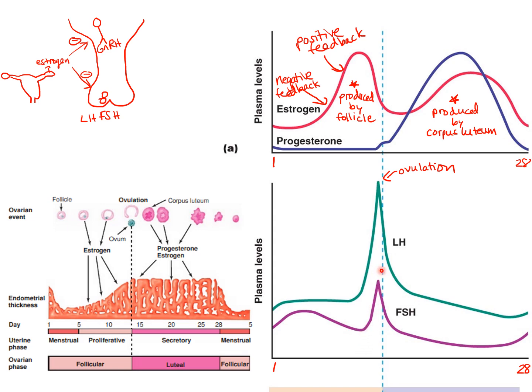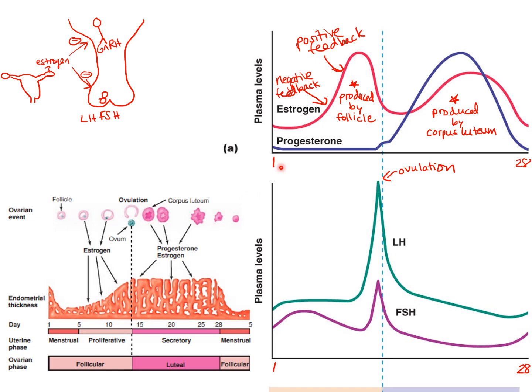Okay, and we do get a little surge of FSH, which is not going to do anything. It's the LH surge that we're concerned about here. And this LH surge is what's going to trigger ovulation and release of the egg into the fallopian tube.